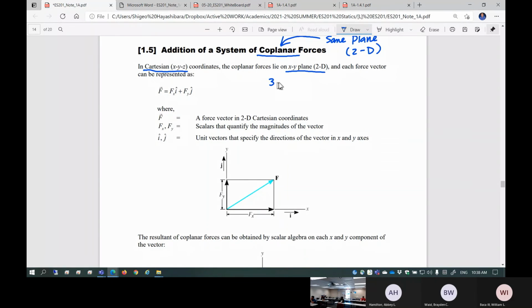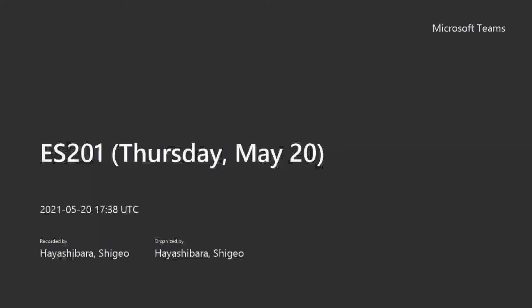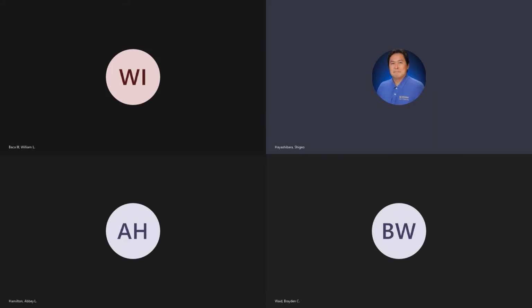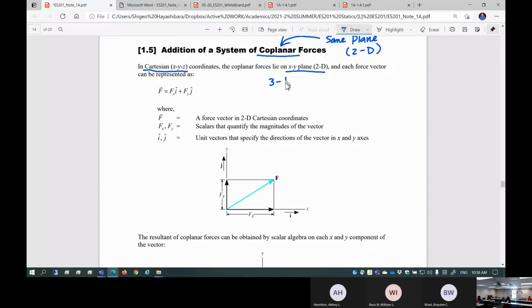So in 3D, if you want to express force in 3D space, force vector, I'm going to express force in x direction component Fx, this is the magnitude, multiplied by i hat, and then force in y direction multiplied by j hat, plus force in z direction and k hat.